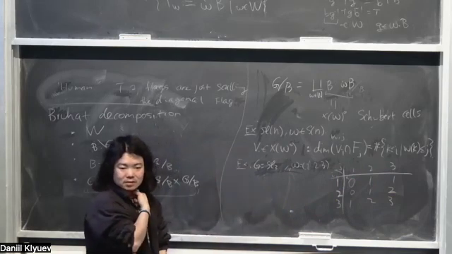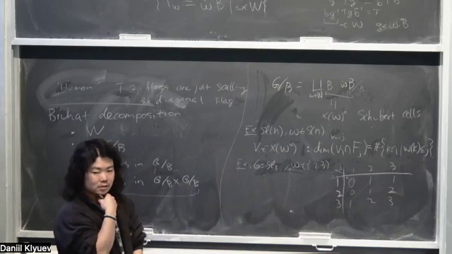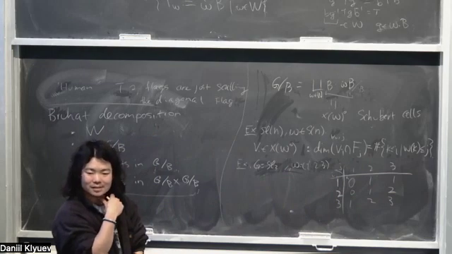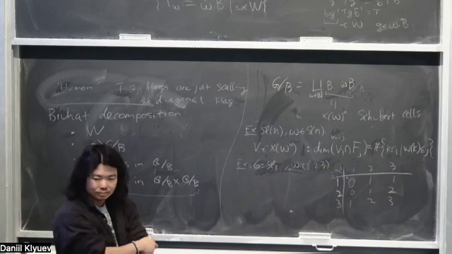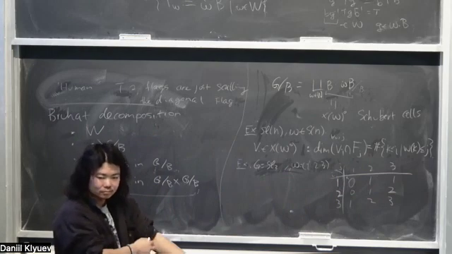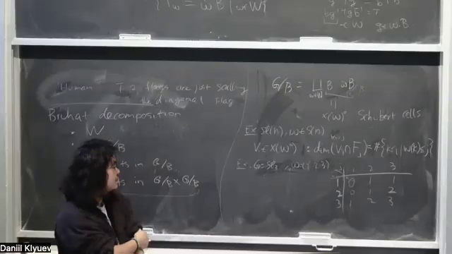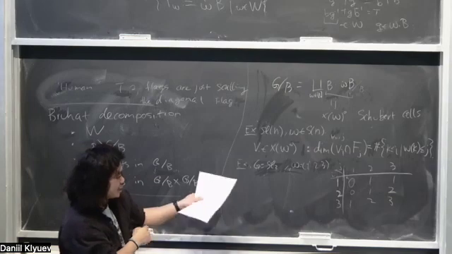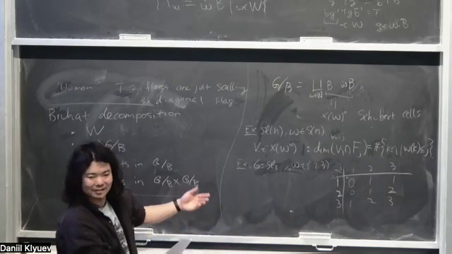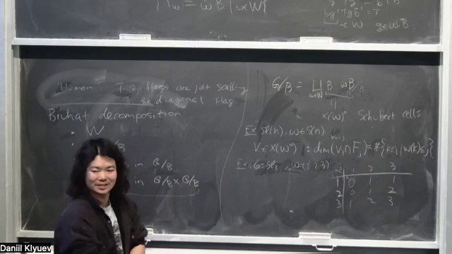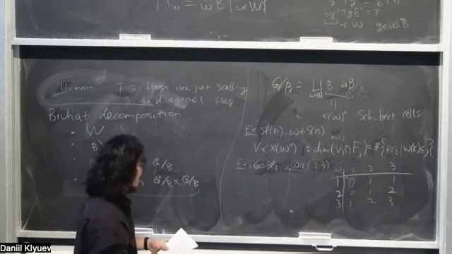Elements of SLN are matrices and you can also write them with pivots, using B to do Gauss elimination, and the result of Gauss elimination gives a pivot like this. Yeah, you can also do it that way. But the nice thing here is you don't need to choose a matrix to represent the flag.